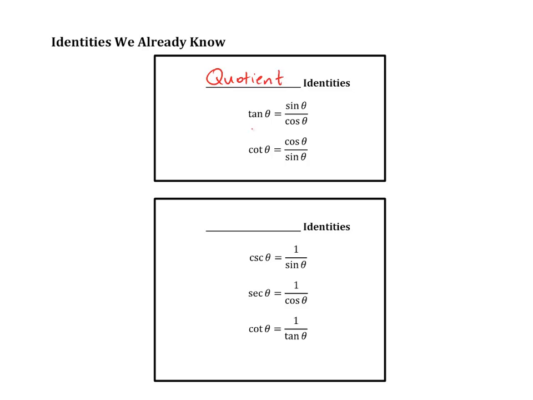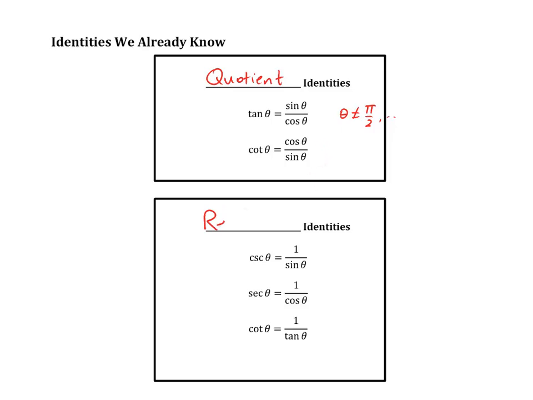In this particular case, tangent, you'll remember, is not defined for things like pi over 2 or negative pi over 2, and there are other values, but as long as that angle theta is defined for all the functions involved, we know that this statement is true. And cotangent, similarly, is cosine of theta over sine of theta. Of course, we know that cotangent is also the reciprocal of tangent, which is why that's true.